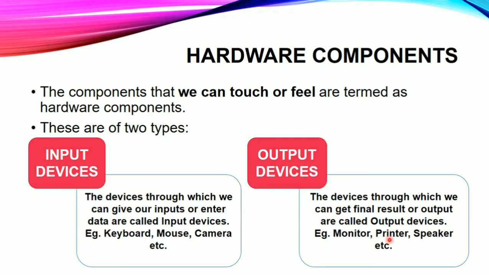Similarly, when we print something, because we can use that print as a result file, it is termed our output device. Similarly, we can use a speaker for getting the output. So these are some basic input and output devices.